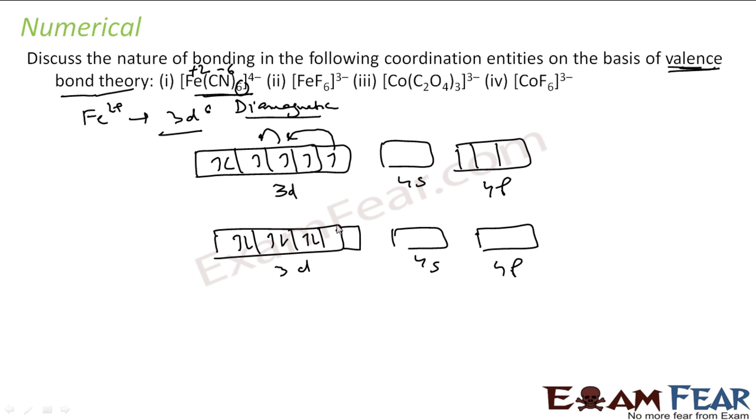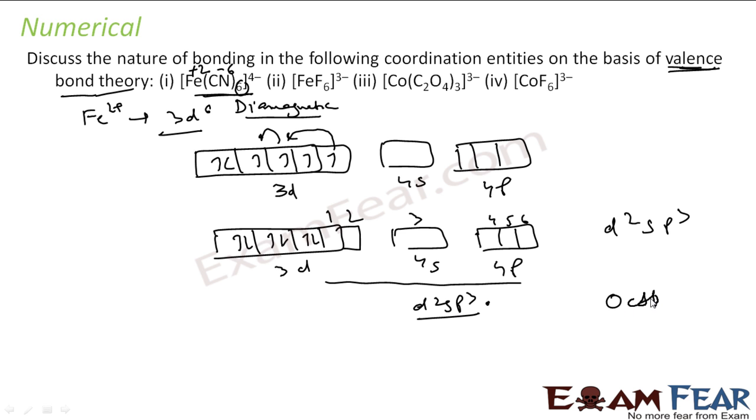Now it has to form 6 bonds: 1, 2, 3, 4, 5, 6. That means it will use d2sp3 hybridization. So d2sp3 hybridization is what? Octahedral. So you can say it's an octahedral structure based on valence bond theory.